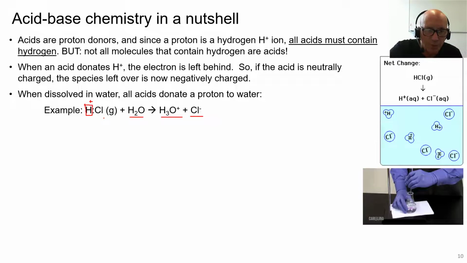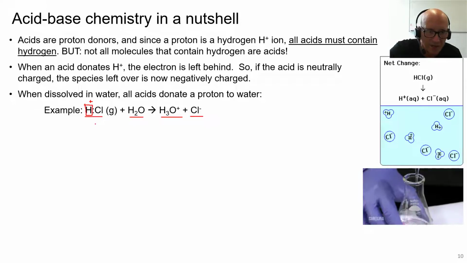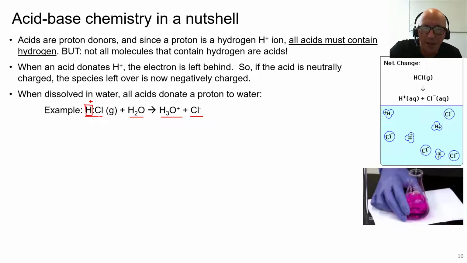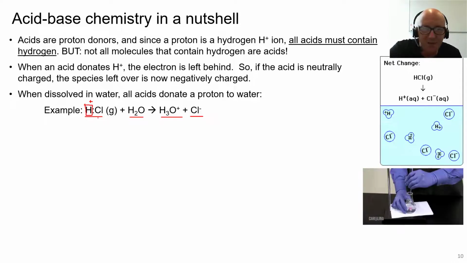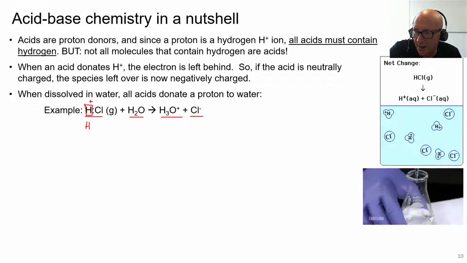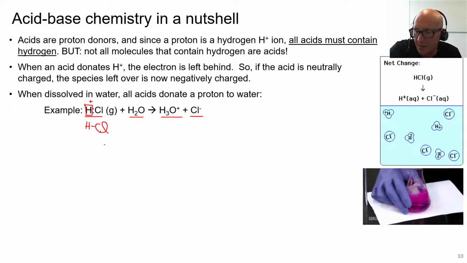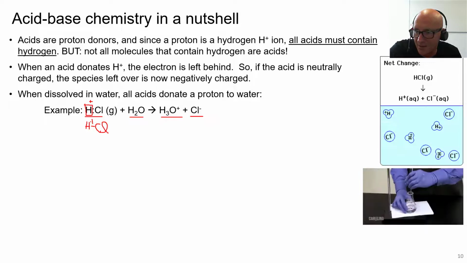Now, this might seem a little bit peculiar to you, that this compound, HCl, hydrogen chloride as it's called, is actually a gas. I did explain that to you in a previous lecture. Another way to draw it would be like this, where we've got HCl and this is our covalent bond corresponding to these two electrons.